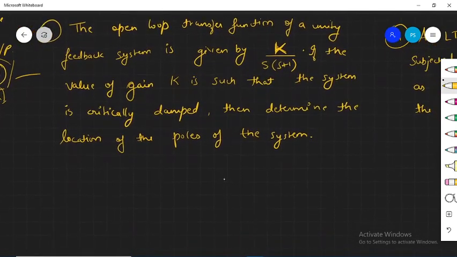The next example states that the open loop transfer function of a unity feedback system. Okay, now two terms over here. Open loop transfer function of a unity feedback system is given by k divided by s into s plus 1.